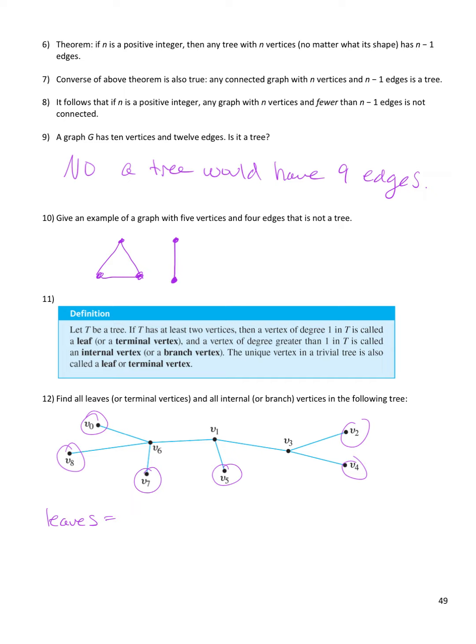So V0, then V8, V7, V5, V4, and V2. Those are the leaves, the terminal vertices, they have degree 1. And then the internal or the branch vertices have degree greater than 1. So those are the remaining vertices, V6, V1, and V3.